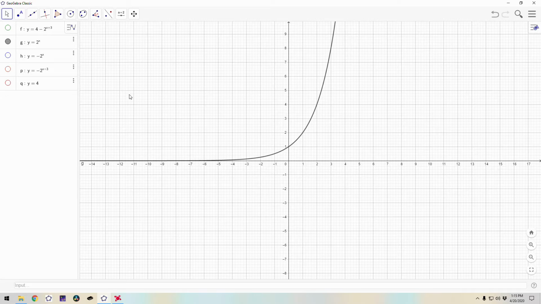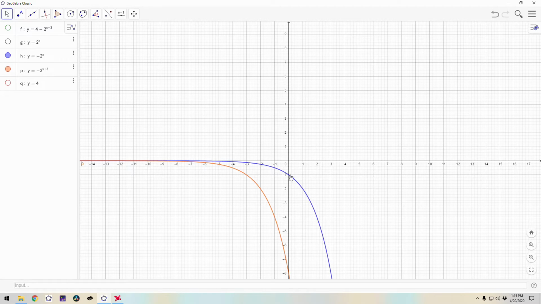Okay, so to build it up to the last function that we were talking about, the 4 minus 2 to the x plus 3, let's do it one step at a time. So I'm going to start with the vertical reflection, right? If I do a vertical reflection by putting a negative on the outside, that's going to make it do this. Notice the center does actually flip to the point 0, negative 1 there. From there, I'll do the shift to the left of 3, right?